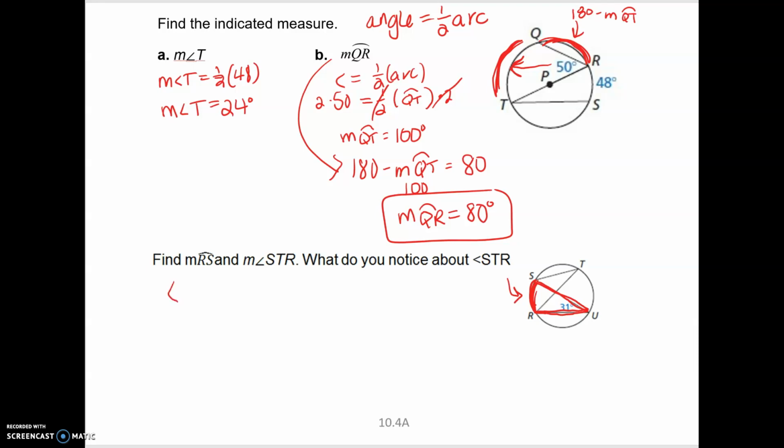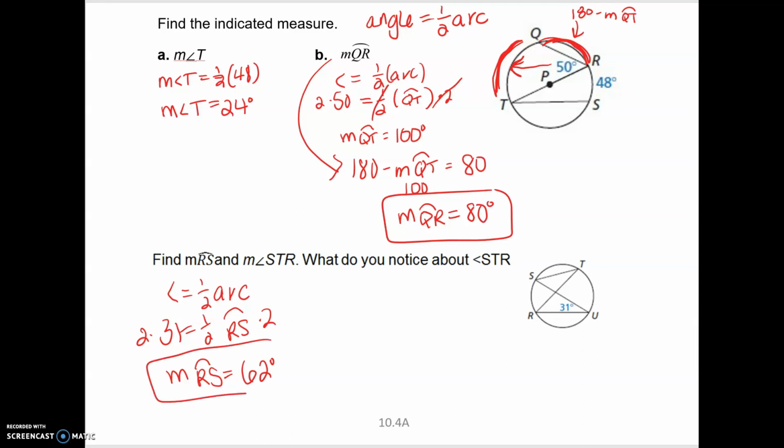My angle is 1/2 of my arc. And if I know my angle is 31, my arc is twice that. So I'm times 2. The measure of arc RS is 62 degrees. So RS right here is 62 degrees.